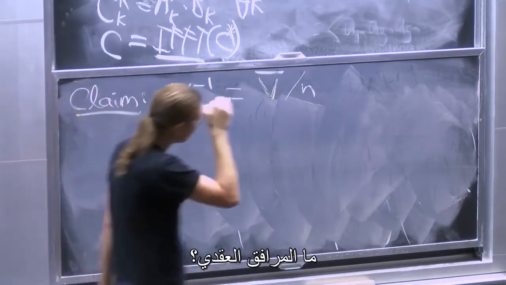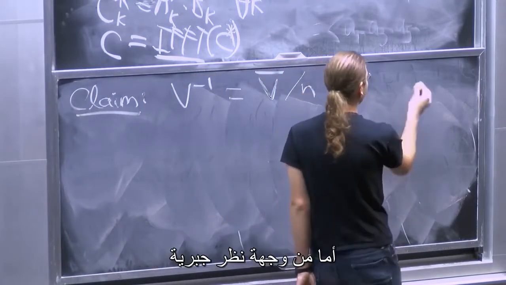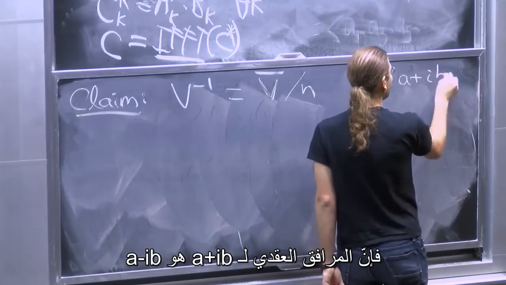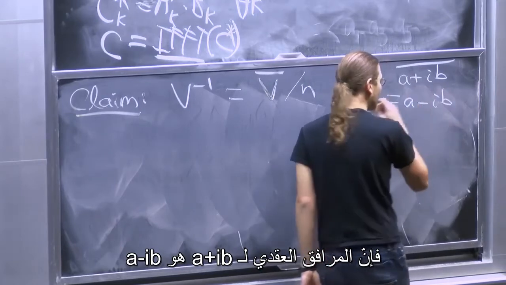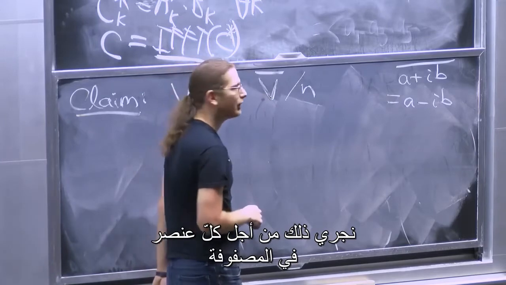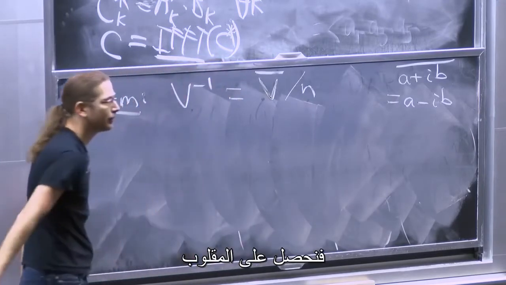What's complex conjugate? For a geometer, it's reflection through the x-axis. For an algebraic person, a plus ib, the complex conjugate is a minus ib. So just apply that to every entry in the matrix, and then divide all the entries by n. You get the inverse.